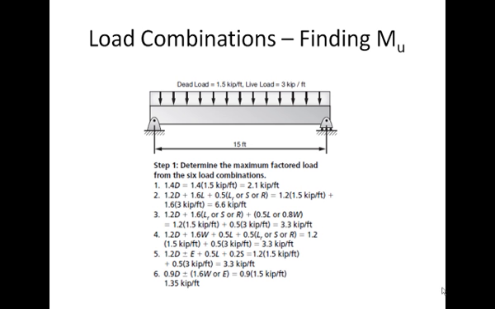After plugging those values in and calculating the various load effects from each combination, we choose the biggest load effect that is produced from these 6 combinations. In our case, the second load combination produces the maximum effect of 6.6 kips per foot.